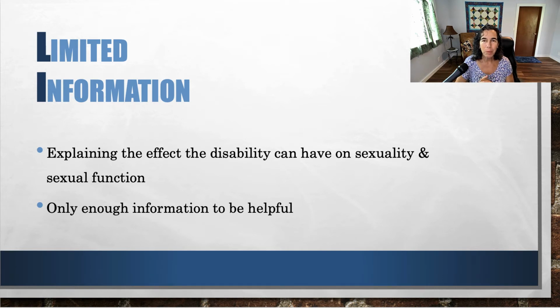If sex is a little bit stressful or a little bit awkward to talk about, and then I give my client everything under the sun in terms of information and knowledge, it'd be very easy to get overwhelmed or to feel even more awkward. If, on the other hand, what I'm doing is sharing the information that's really relevant with that person, then it can make the situation a lot more approachable and it can help that client to actually feel comfortable and be able to engage in the process.